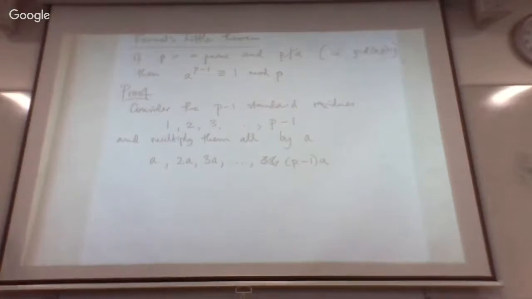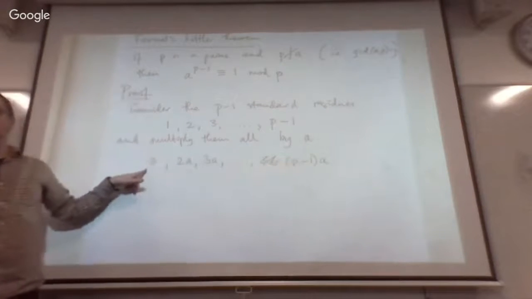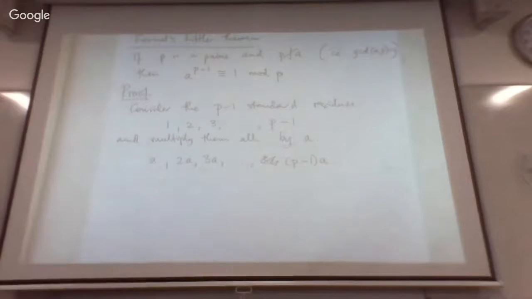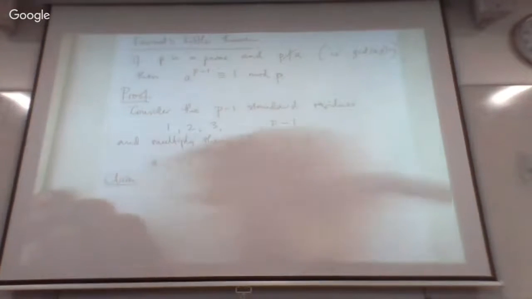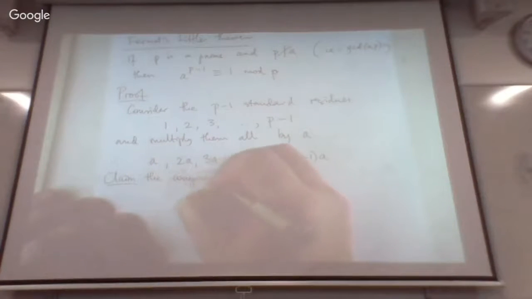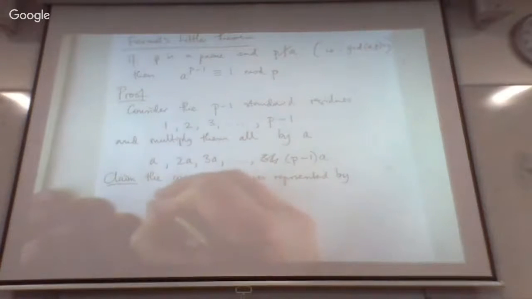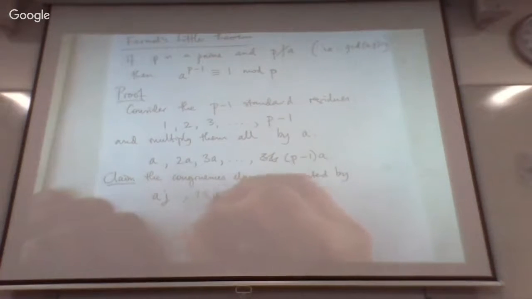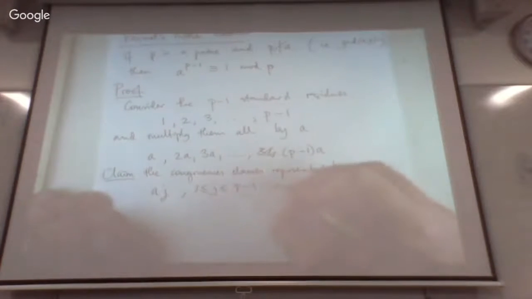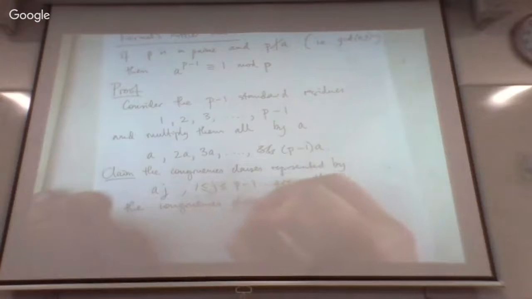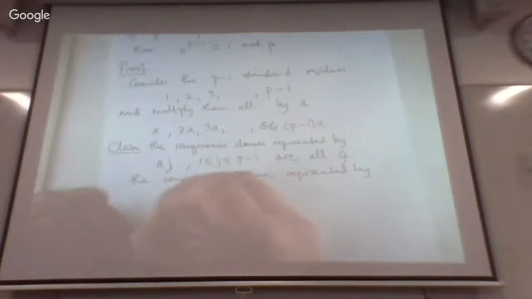But the first thing we want to do is understand that the congruence classes represented by A times J, where J is between 1 and P minus 1, are all of the congruence classes represented by J, 1 less than or equal to J, less than or equal to P minus 1.